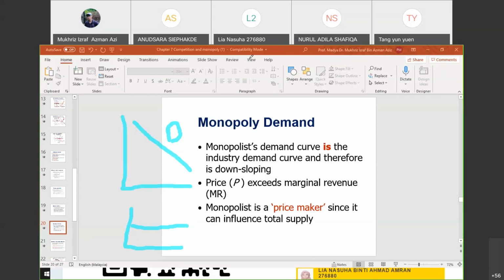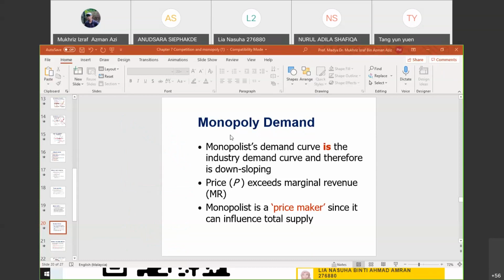But in a monopoly market there is only one seller, so whatever the firm produces automatically becomes the market demand. So the demand curve for monopoly is the normal demand curve that you normally see, which is downward sloping, not the horizontal line.